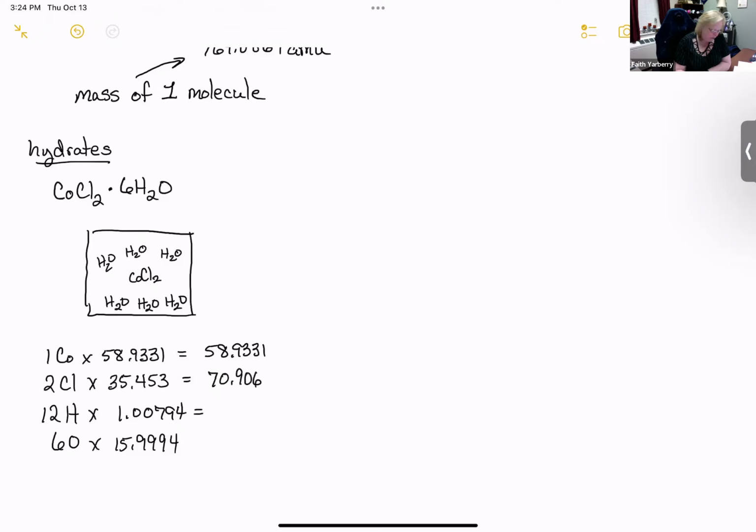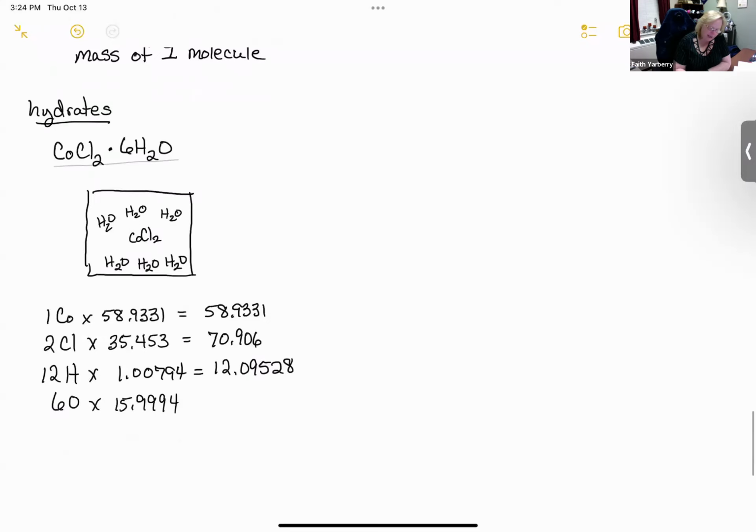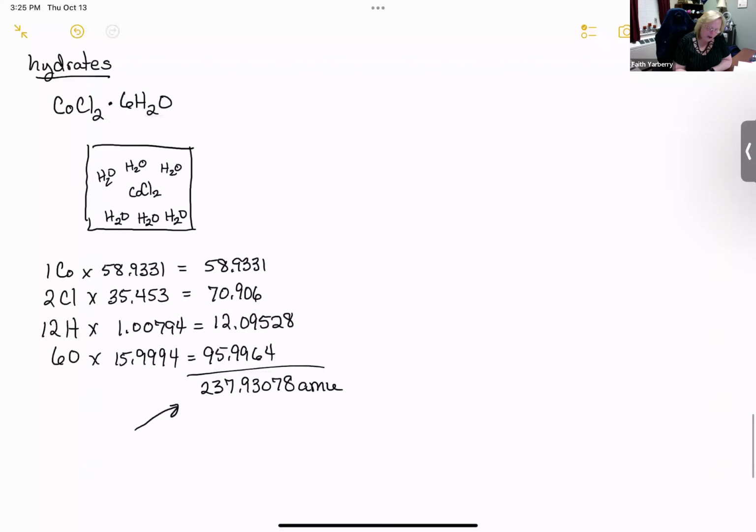The hydrogens contribute 12.09528 to the overall. And the oxygens contribute 95.9964 to the overall. When adding it all together, you get 237.93078 AMUs. And again, that is the mass of one formula unit of our cobalt chloride hexahydrate.